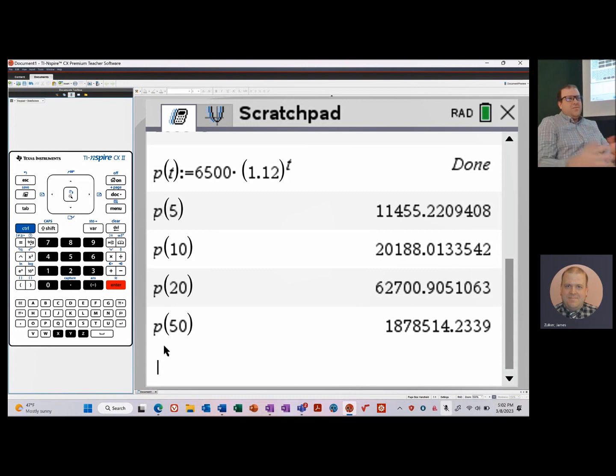Well, again, I'm going based off of what it averages every year. Right? So yeah, some years you're going to lose money. Like last year I lost money. Some years you're going to gain. But on average, it's about 12% a year. So this just gives you a rough idea of what you can expect.